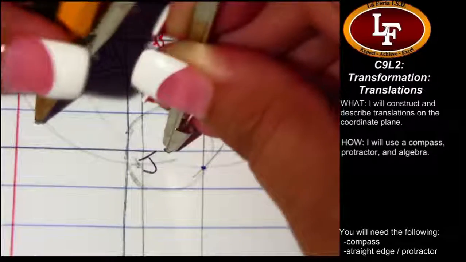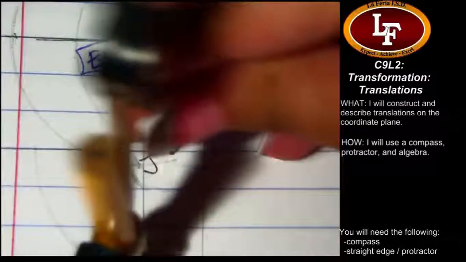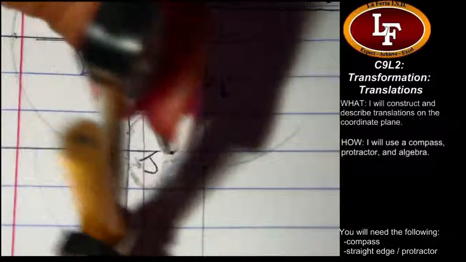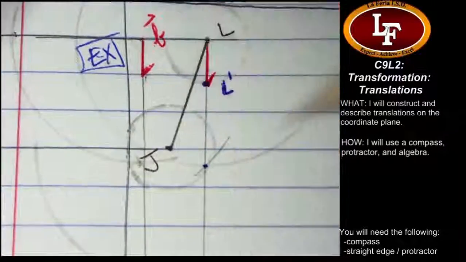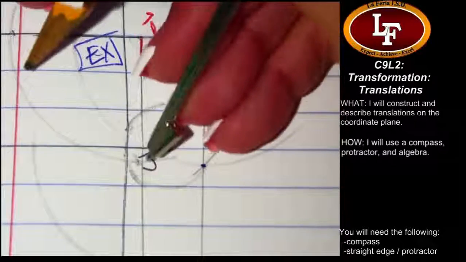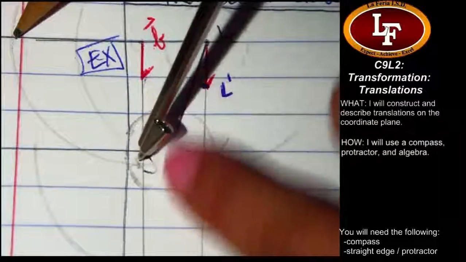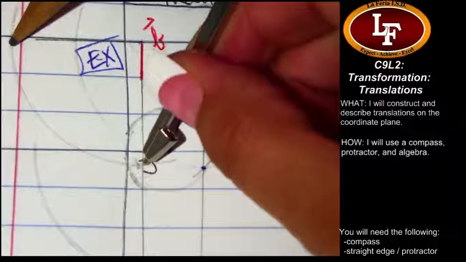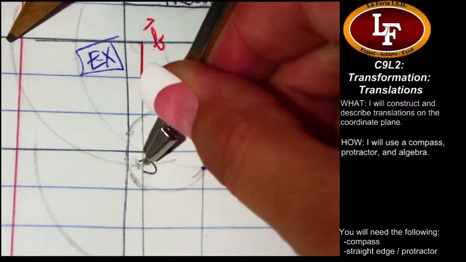I'm centering it on J. Here's my reference ray, and I need to make it big enough to hopefully intersect where I want my vector to go. Grabbing this distance again, and again, this is the ray that's housing my vector. There's that intersection, and there's the intersection with the arc in my reference.